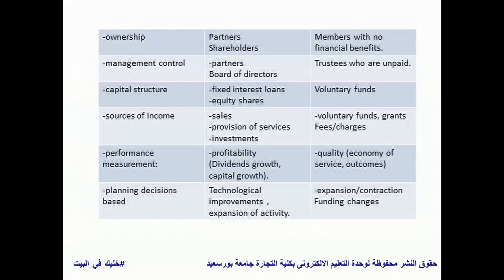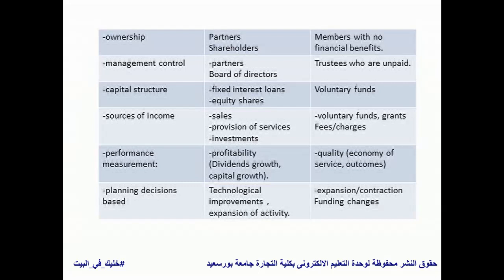Number 5, sources of income. The sources of income in the case of commercial organizations can be through, first, sales. They can sell a product and get money, so they achieve income or profit. This is the first source.